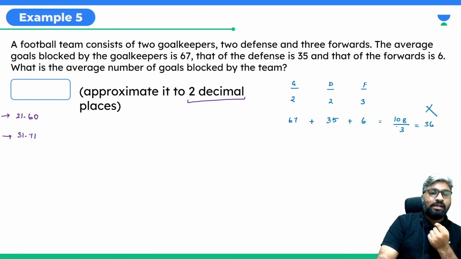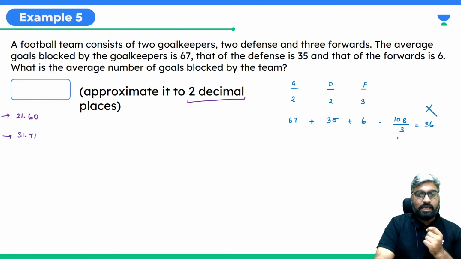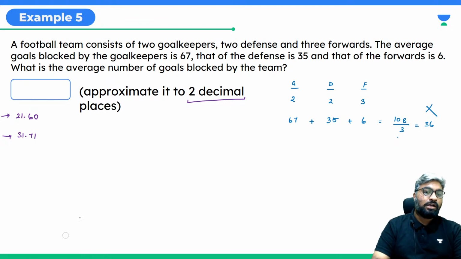Why is this wrong? You cannot divide by 3 because the number of people are not the same. See, here there are 2 people, here there are 2 people, but here there are 3. Since the number of people are not the same, you cannot take the arithmetic mean of the averages. Yes. So instead, what would we have to do? We would have to find out total number of goals that were blocked by them.